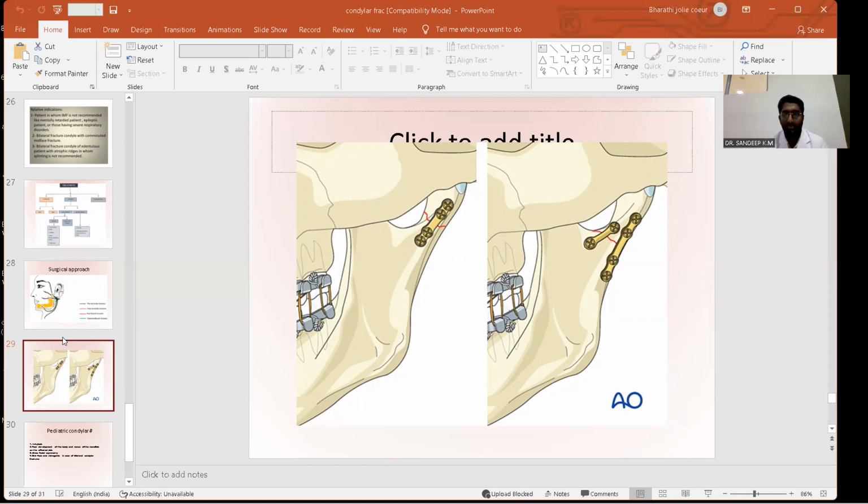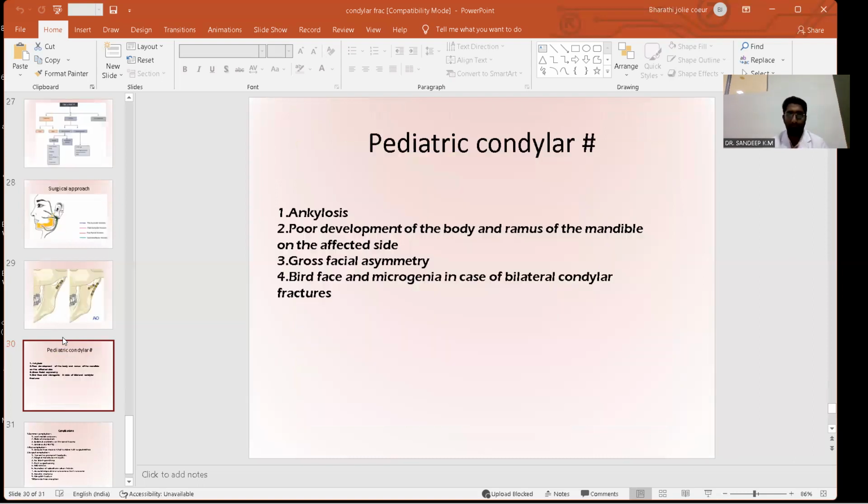With the use of a certain system like a Cropper, we can pull the mandible down, reduce the fracture, reposition the condyle, and fix it with a mini plate like this. Two mini plates can be fixed, or we can use intramedullary rods or lag screws. So these are the methods to fix the condylar fracture.